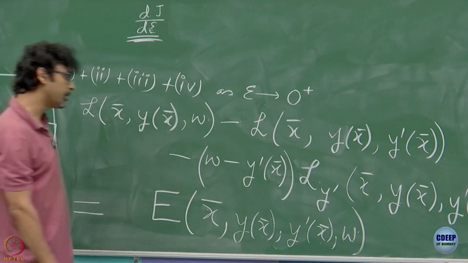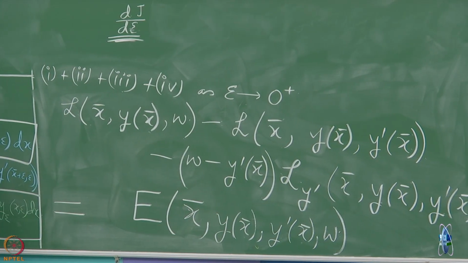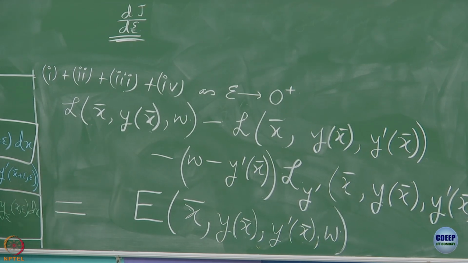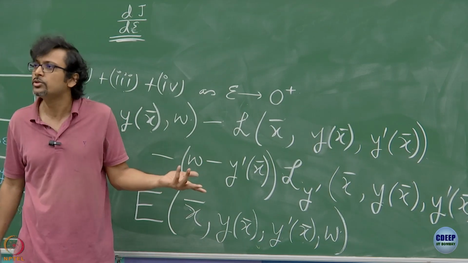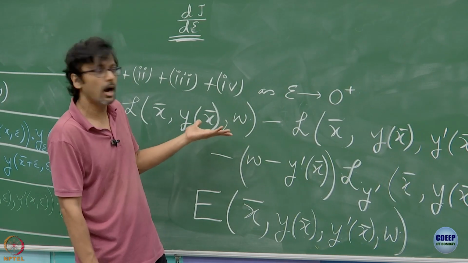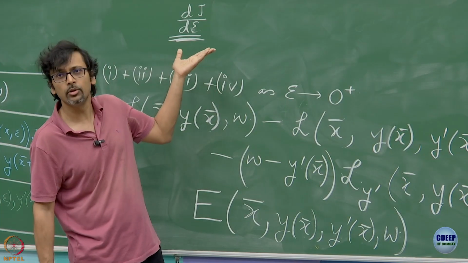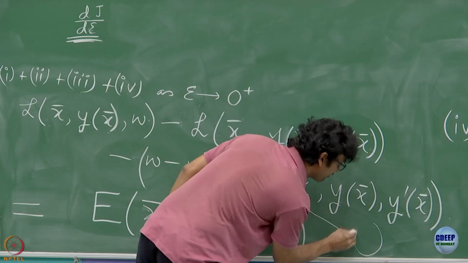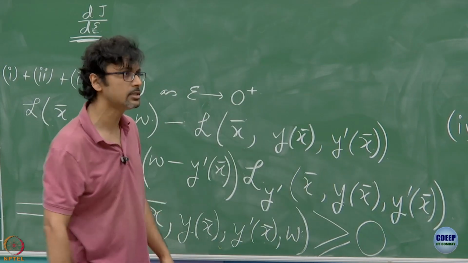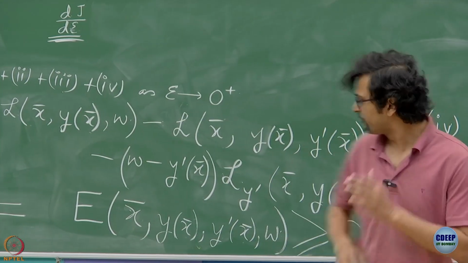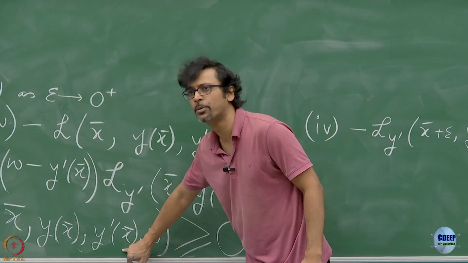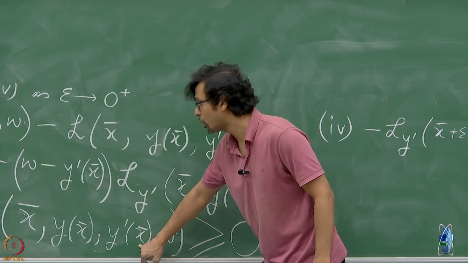And look, this w was arbitrary, wasn't it? w was arbitrary for any possible real value of w. What does this need to be? This needs to be greater than or equal to 0 for this to be a minima. So in fact, we arrive at the condition that Weierstrass did in the 1860s through all of this work, that in fact the Weierstrass's excess function, with the third argument being the slope at a non-corner point.